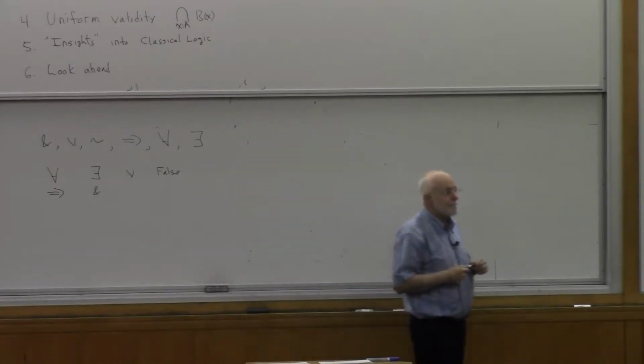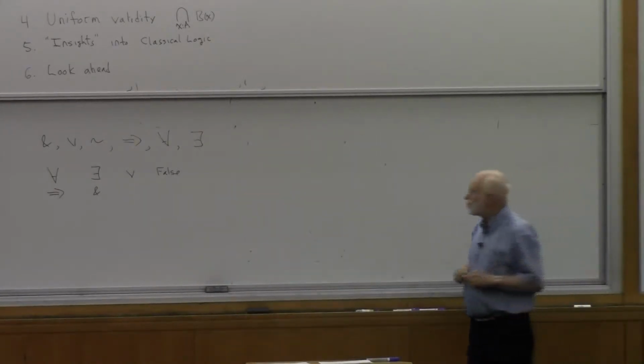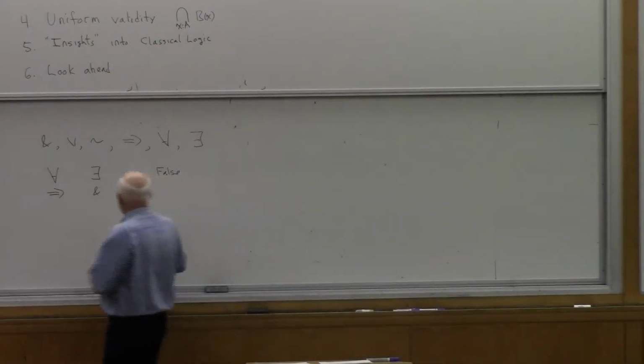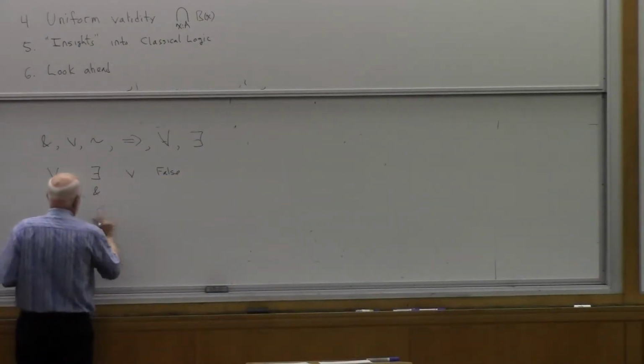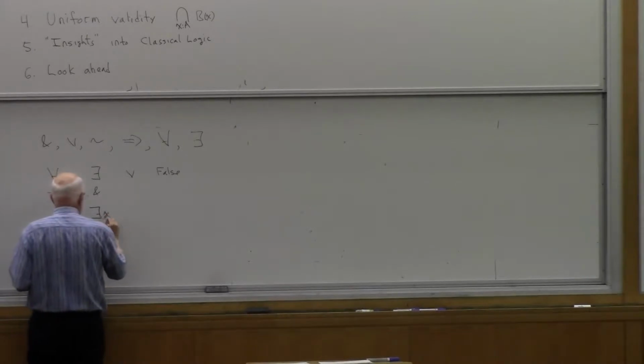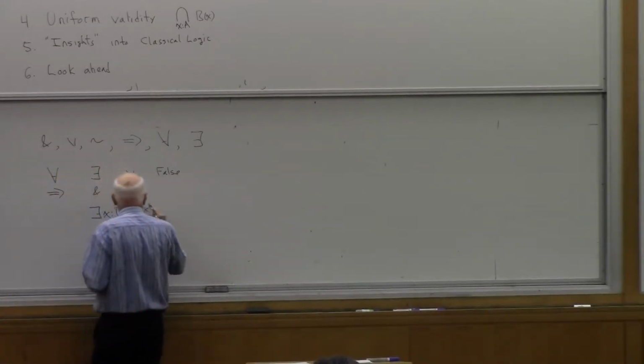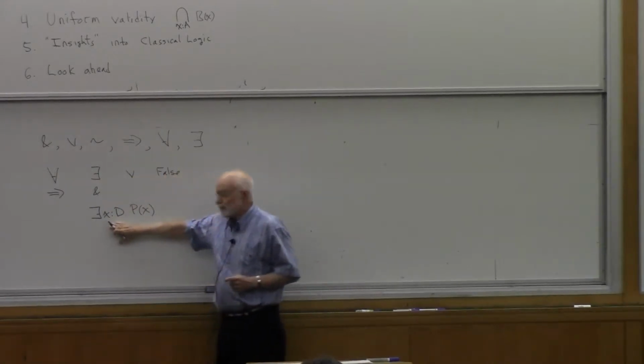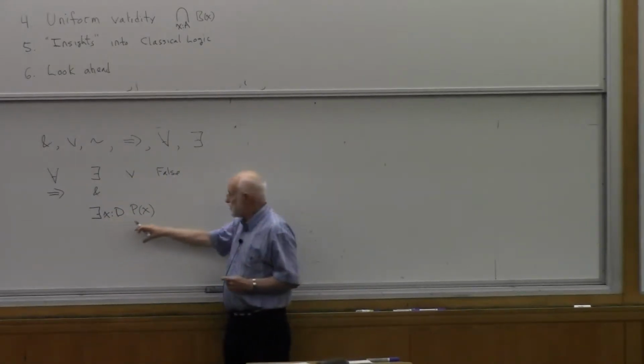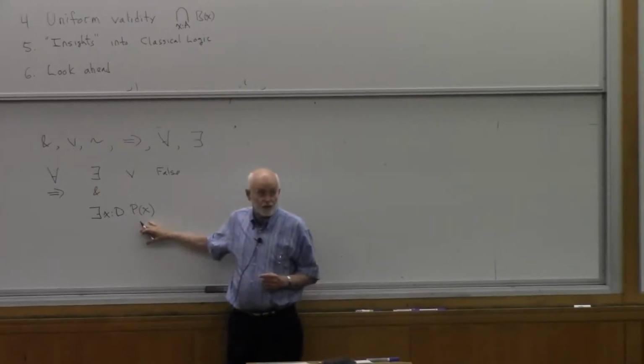Could you explain why exists corresponds to and? Oh, the exists here? Yeah, so let's look at what an existential is here. Let's say I write, there exists an element in the domain D such that P of x holds.